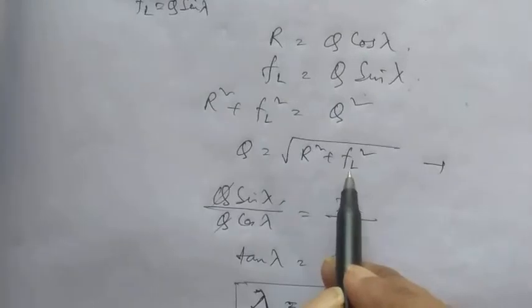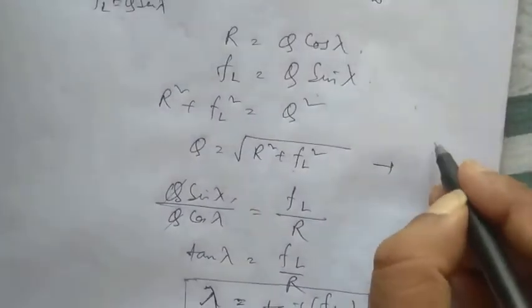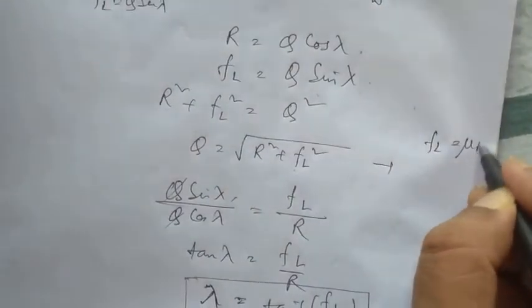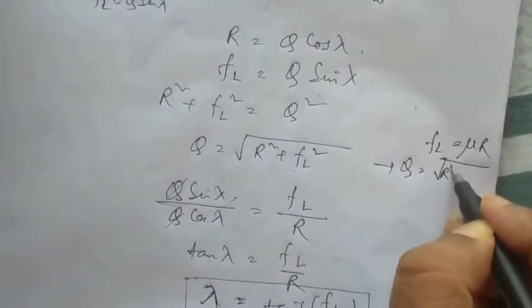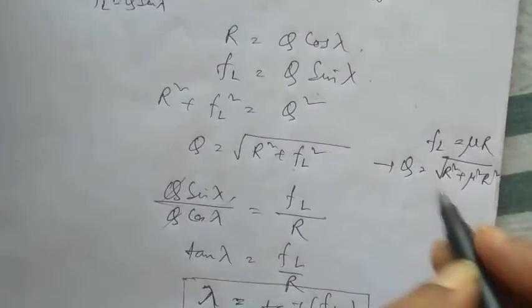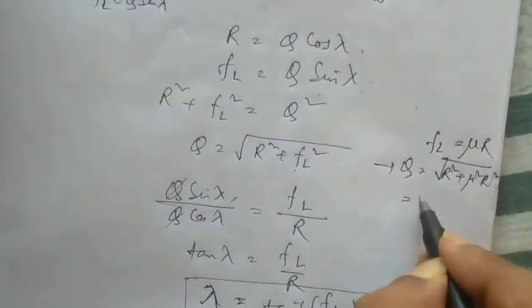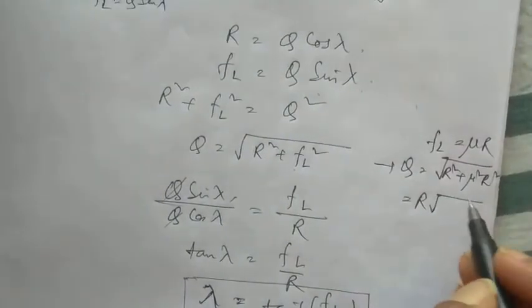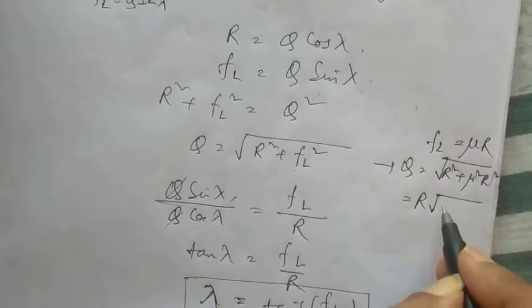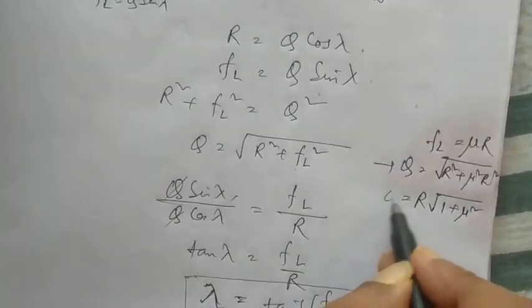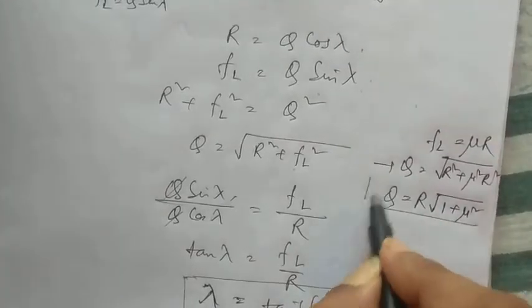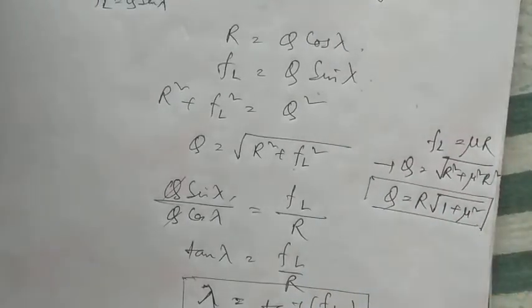Now for the first output, we can replace FL by mu R. So Q becomes root over R square plus mu square R square. If you take R out, Q becomes R into square root of 1 plus mu square.